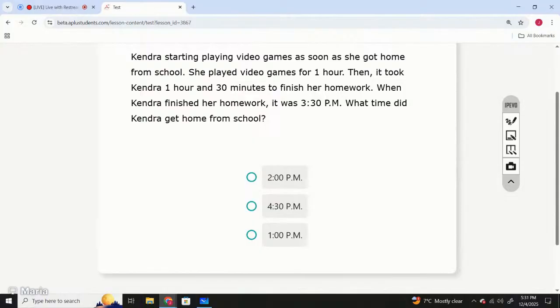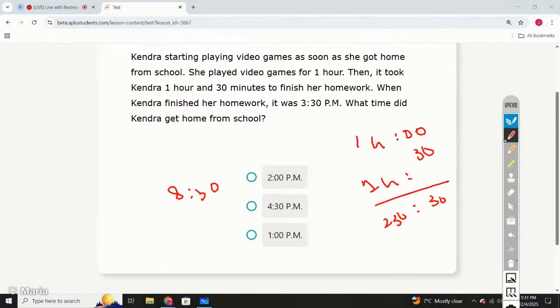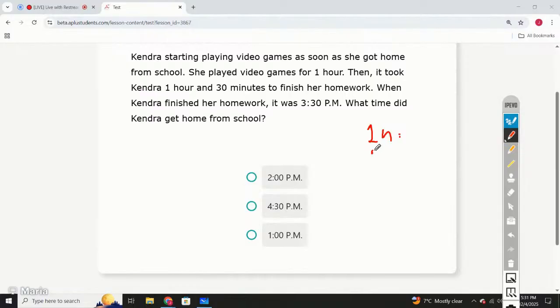She played the video game for 1 hour. Then it took Kendra 1 hour 30 minutes to finish her homework. When Kendra finished her homework, it was 3:30. So, what time did Kendra get home from school?